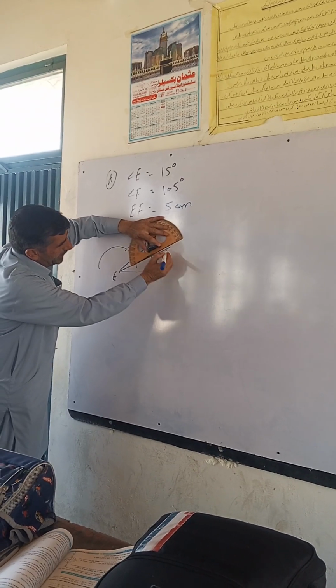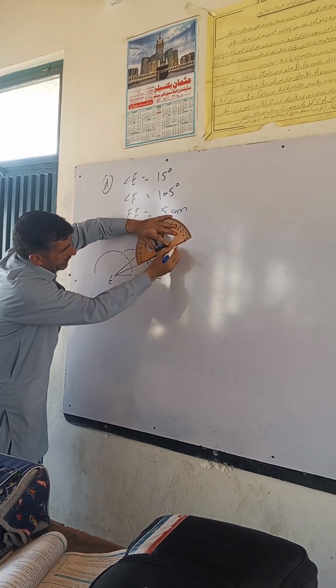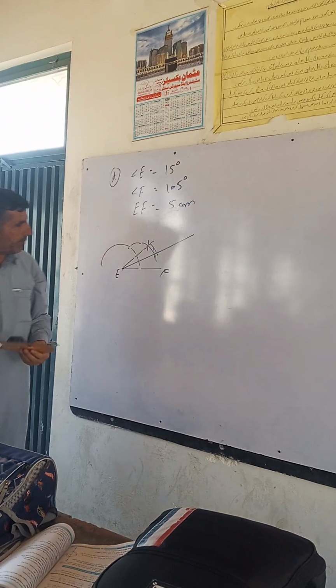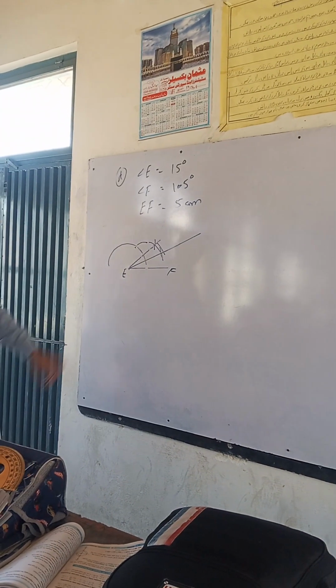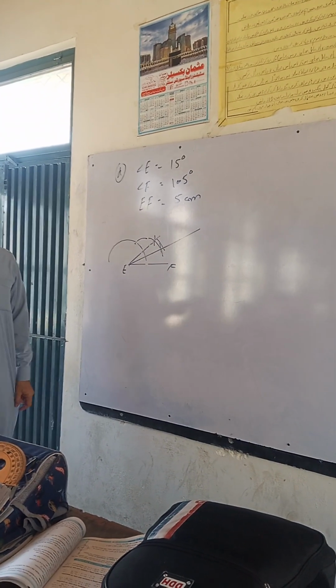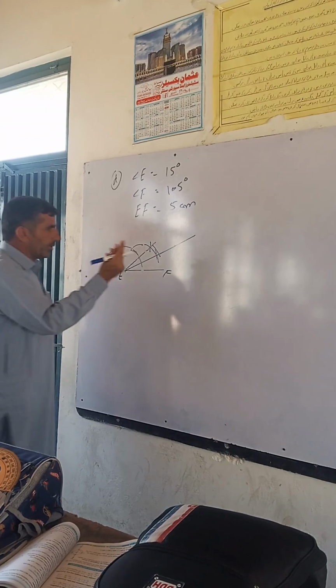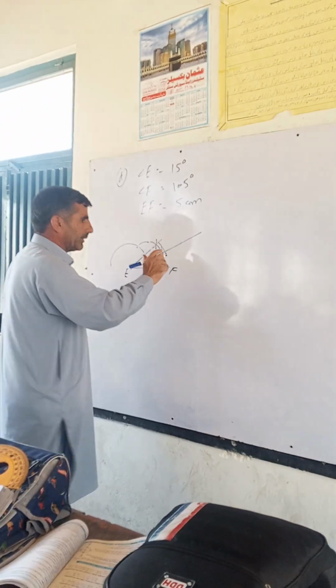I shall extend this line. Now on point F I shall draw the angle of 105 degree. So I shall open the compass.